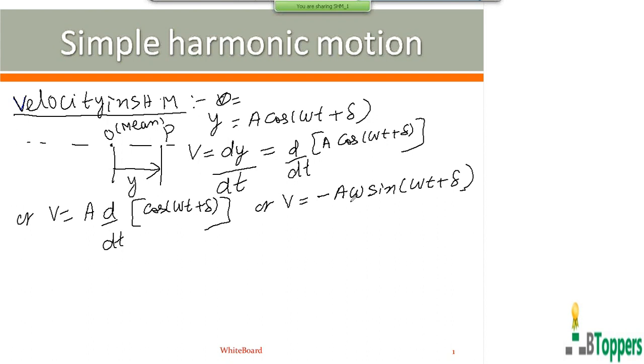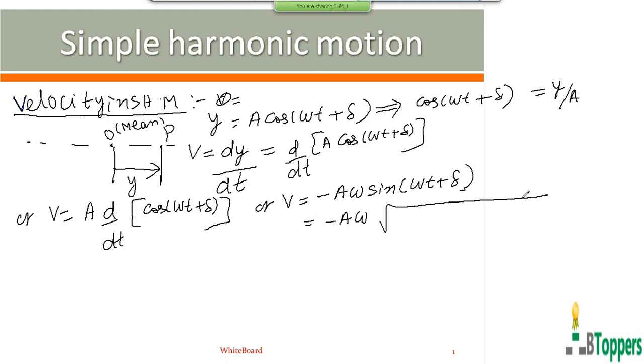So you can express this in terms of the displacement y from the mean position. From this equation, cos omega t plus delta can be written as y by a. So sin omega t plus delta you can write as under root of 1 minus cos square omega t plus delta.